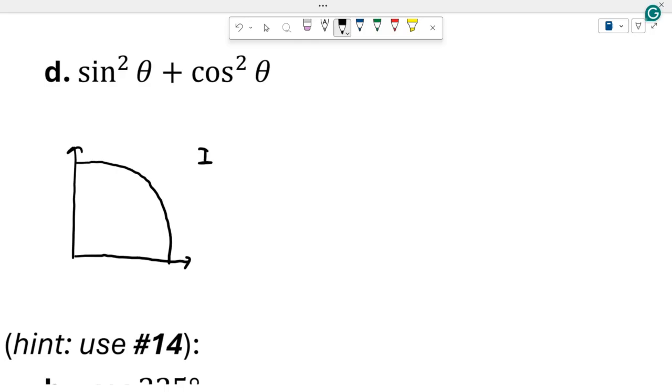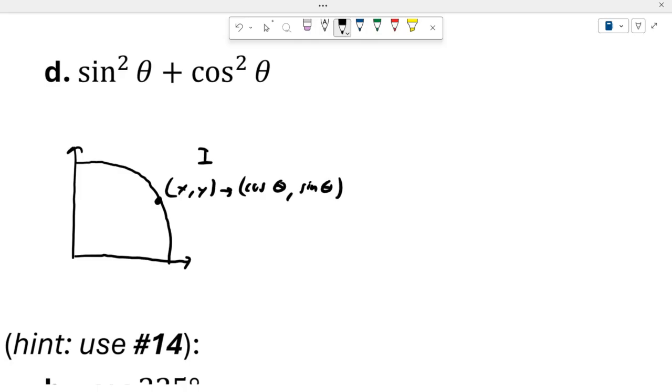You should remember that on the unit circle, your x coordinate is cosine, and then your y coordinate is sine.